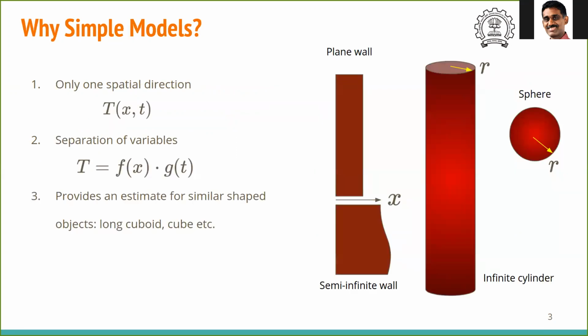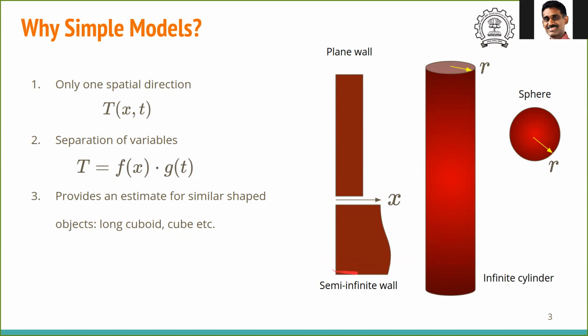Why simple models? The models considered here: we have a plane wall. So there is a wall, and either side of which you can subject it to a constant temperature or convective boundary condition. Then we have a semi-infinite wall, where on one side there is a prescribed temperature and the other side goes to infinity.